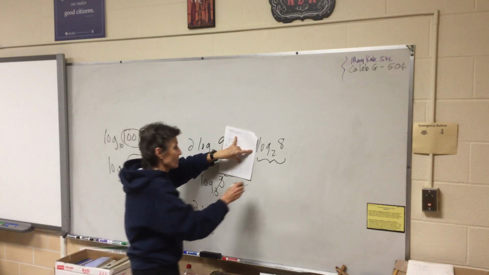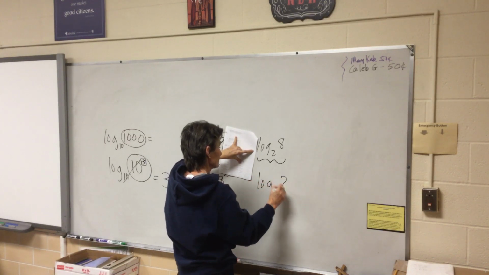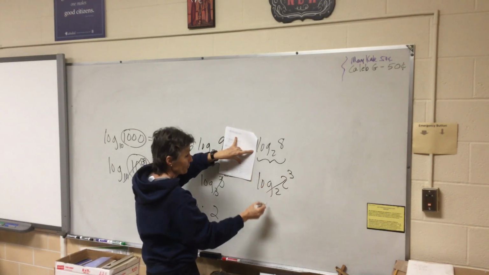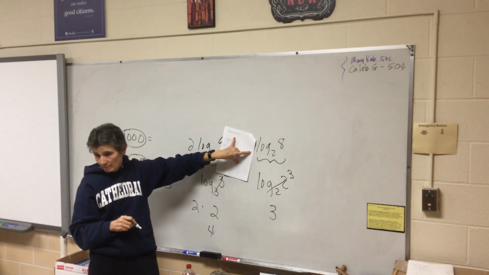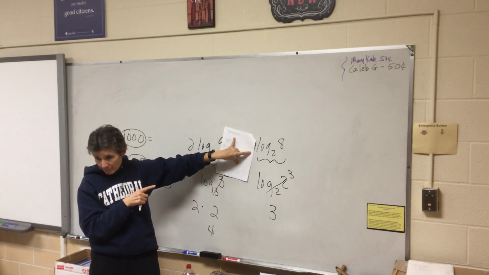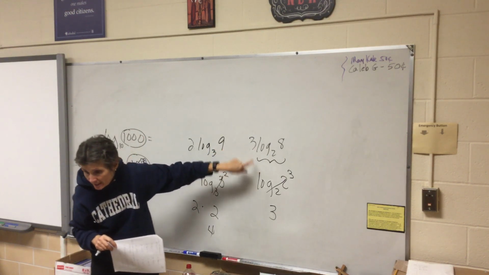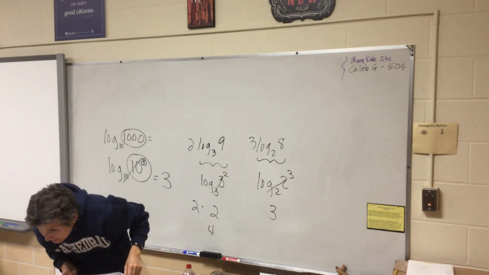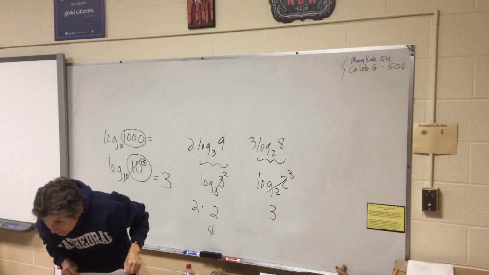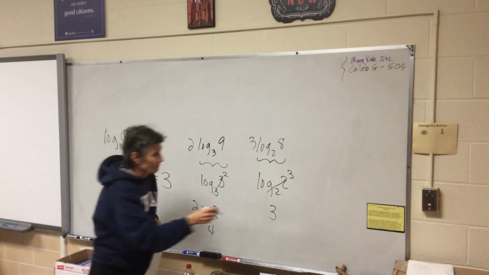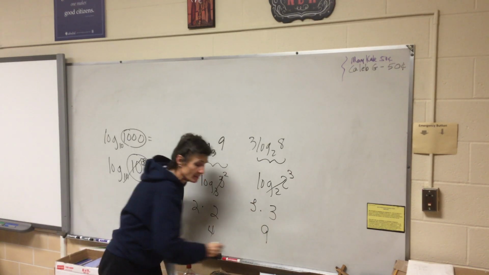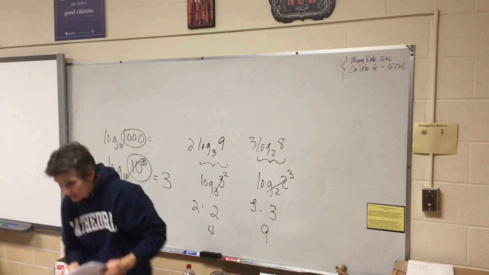Yeah. 8 is 2 cubed. So the answer is 3 to that part. But that 3 is being multiplied by 3. So the final answer is 9.